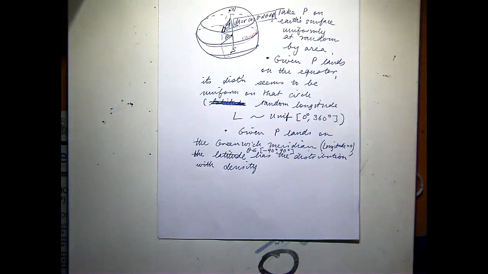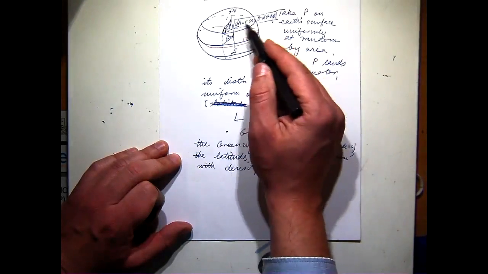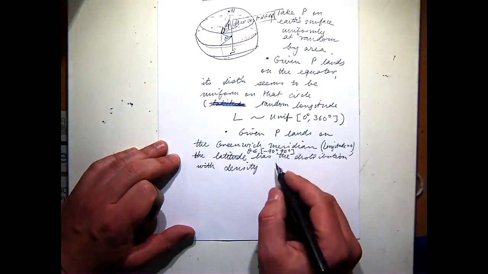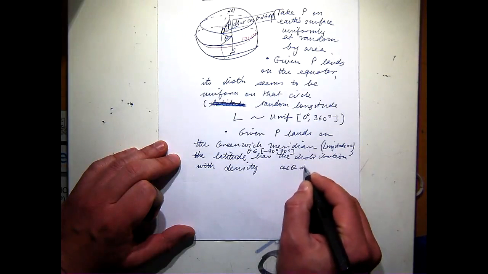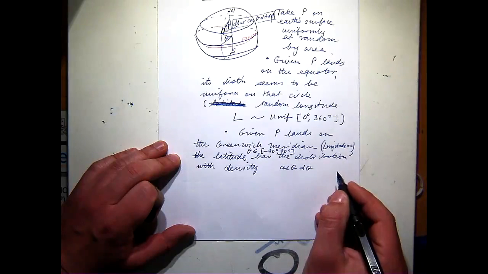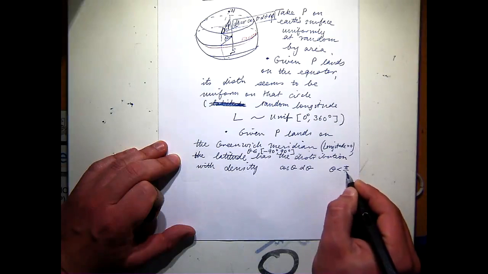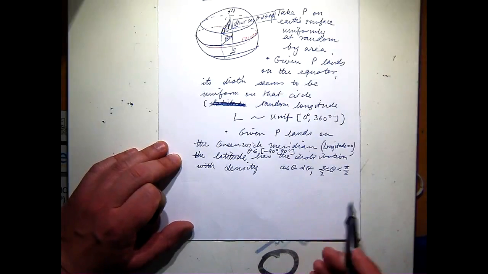So cosine theta. Now, if you just think about that, what is the density of theta? I've integrated out over all phi, so the density should be cosine theta d theta, and theta is less than pi over 2 and greater than minus pi over 2, translating to radians.